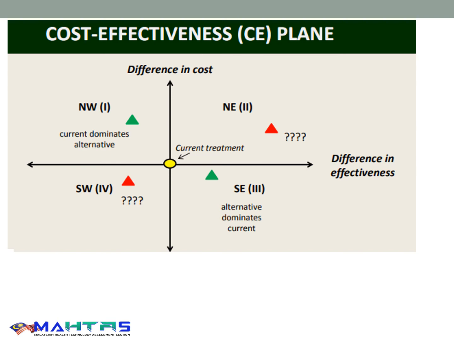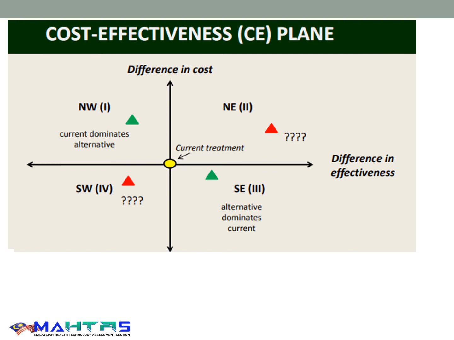Now, when we are comparing new interventions with the current treatments or the current interventions, if that particular new intervention is more effective and less costly, which falls under the SE quadrant, definitely we are going to use the new intervention.